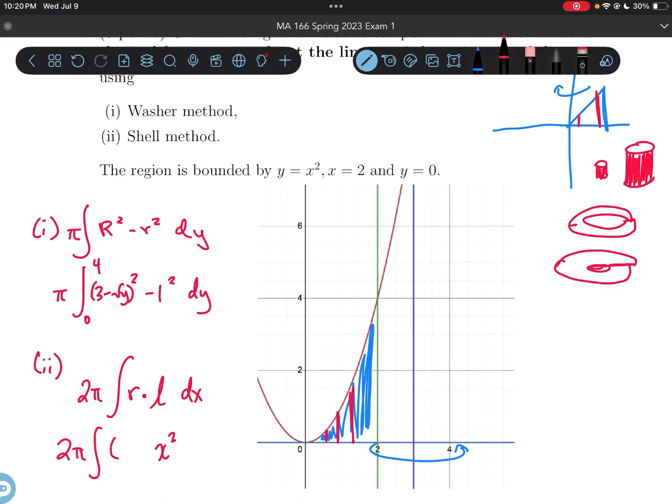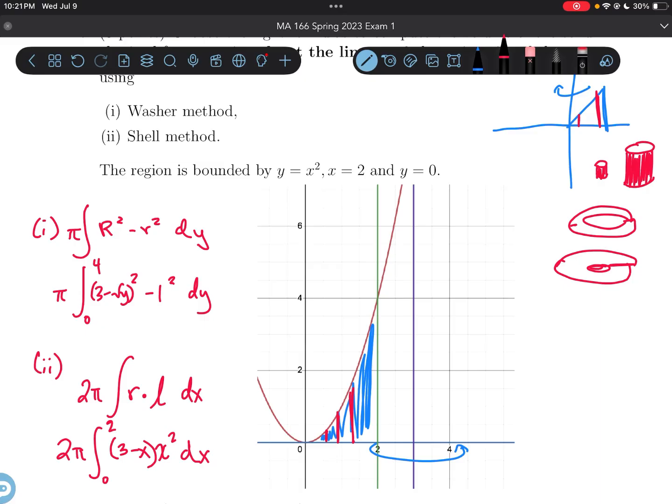The radius is the distance between our point x and the line x equals 3, so the radius is just 3 minus x. And then we have dx. The last thing we need to consider is the bounds, which is from x equals 0 to x equals 2.